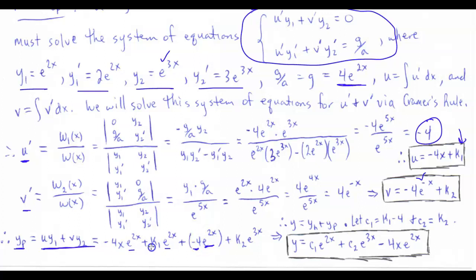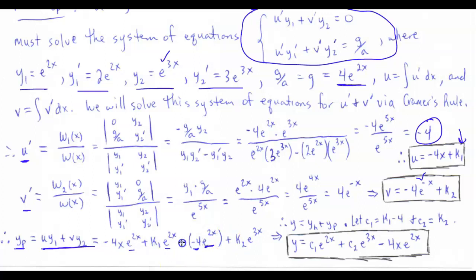We have our homogeneous terms in here with the k1s and the k2s. We also have our particular solution terms as well. And so notice here that we have e raised to the 2x, x times e raised to the 2x, e raised to the 2x, and e raised to the 3x terms.